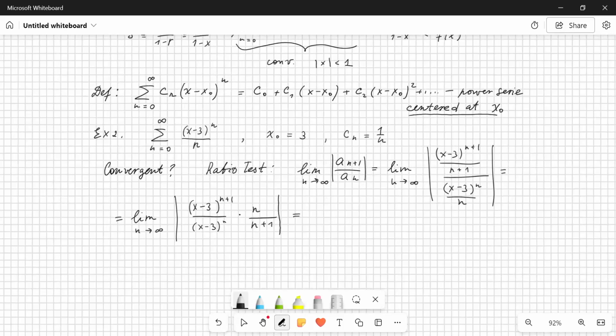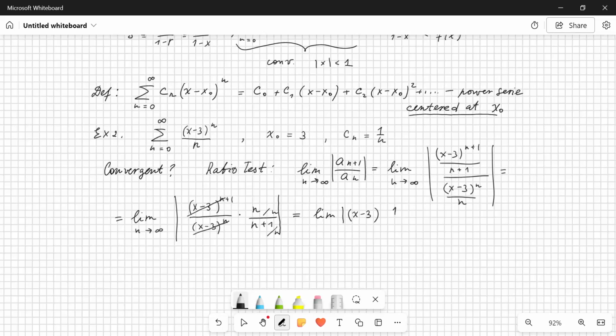Here, guys, I'm going to simplify a little bit the expression with my x's. So I see that that's (x minus 3) to the n plus 1 and n. So I'm going to cancel and just keep x minus 3. Here I'm going to divide both numerator and denominator by n.